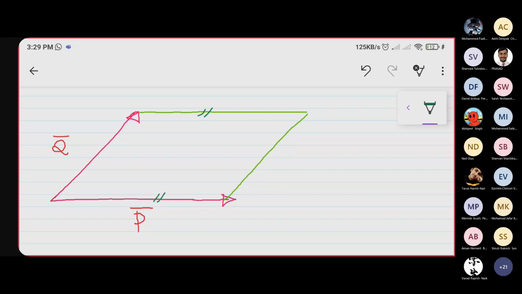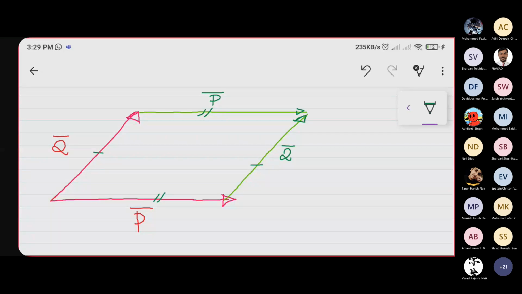So this is also P bar in magnitude, and this is also Q bar, because these two are parallel and the direction is also the same, magnitude also the same.